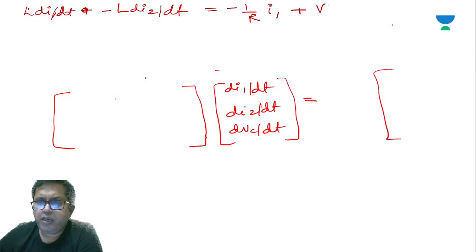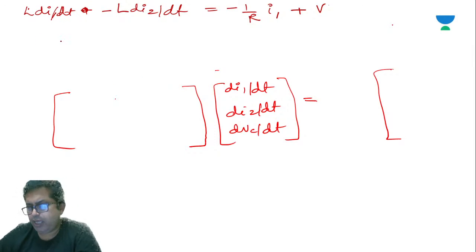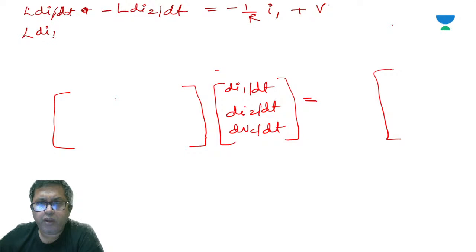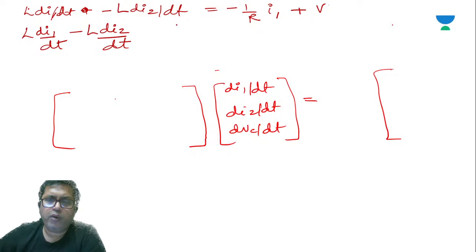Next equation is L di1 by dt minus L di2 by dt.